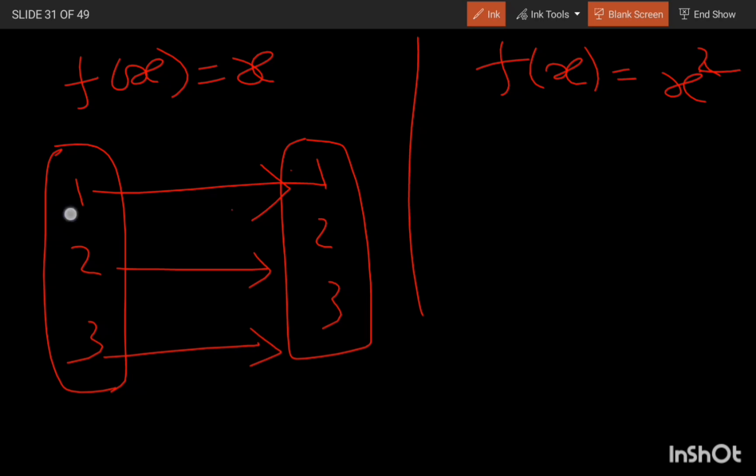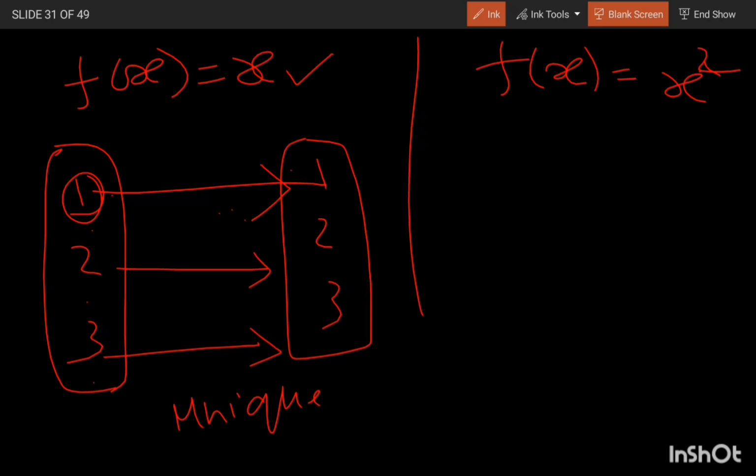So here every element of the domain is mapped to a unique element in the codomain. No two are mapped to the same. So this is an injective or one-one function.